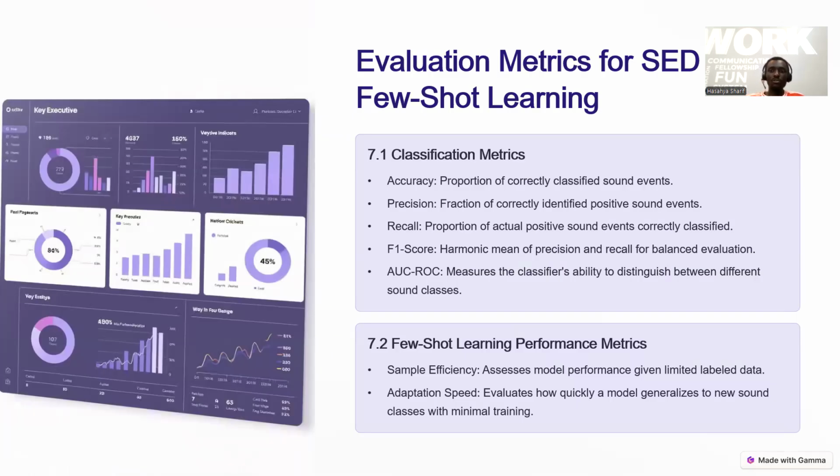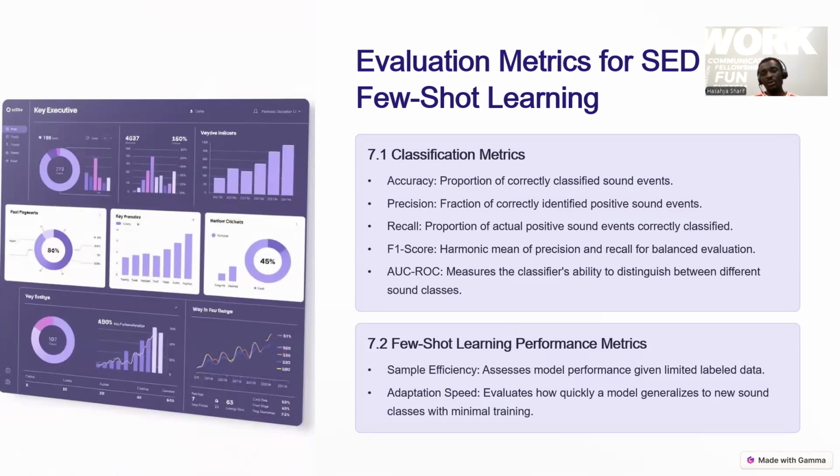Then we have the evaluation metrics for SED. Various models have various evaluation metrics, but usually we have the general evaluation metrics. Mainly the ones we use are accuracy, precision, recall, F1 score, and AUC with ROC.